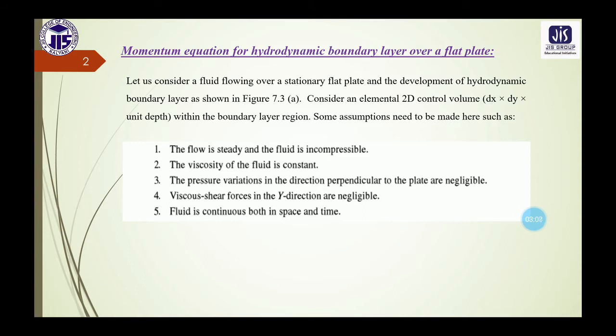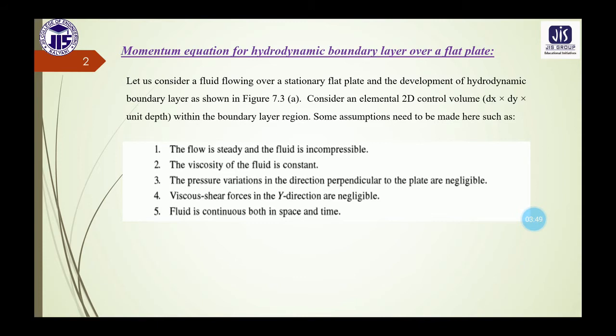All these things have been discussed in detail, and we have seen that in case of the boundary layer concept, three different zones exist: the laminar boundary layer zone, then the transition zone, and the turbulent boundary layer zone. And in the turbulent boundary layer zone we have seen the existence of the laminar sublayer, then the buffer layer, and all these layers have been discussed in detail. Then the upper critical Reynolds number, lower critical Reynolds number, their values, then the velocity distribution for all these different boundary layer zones.